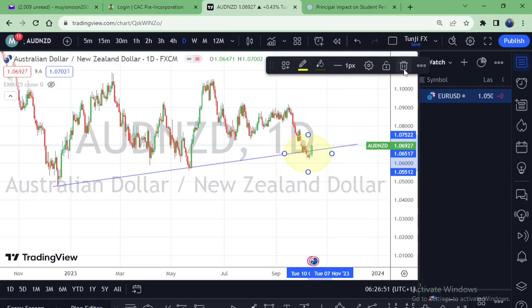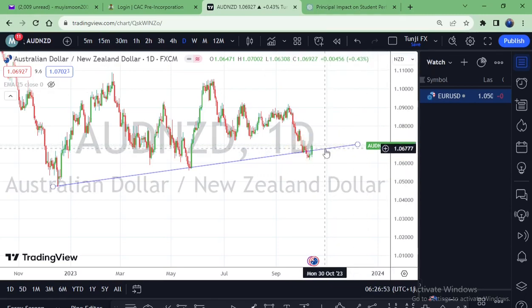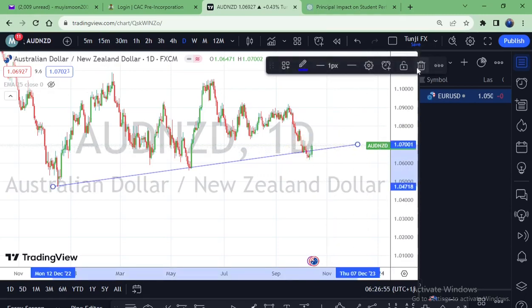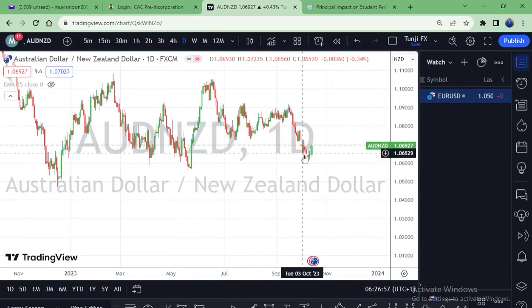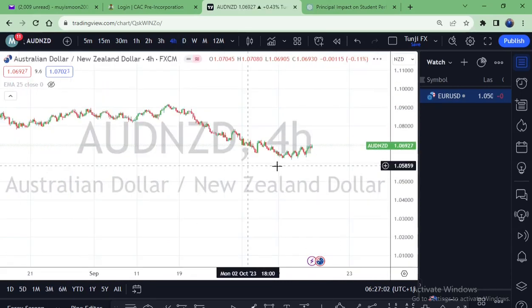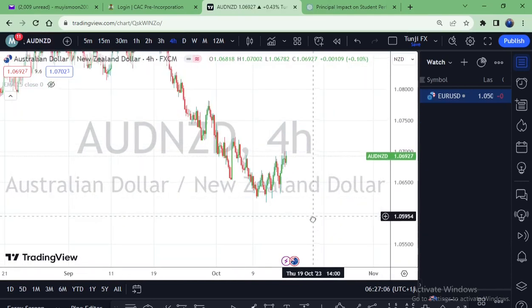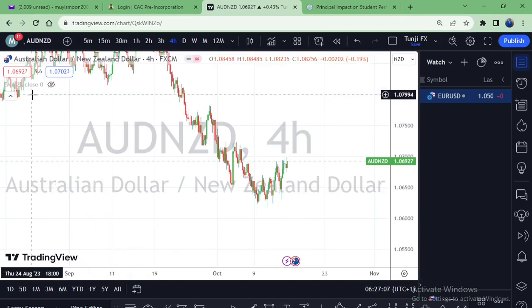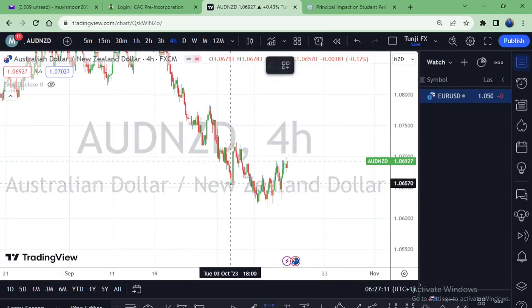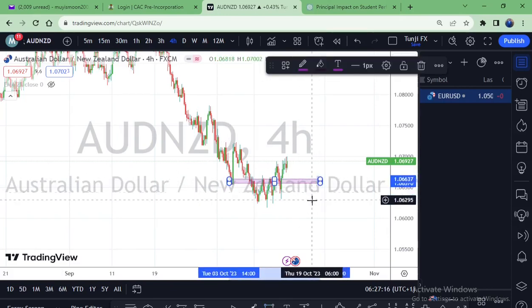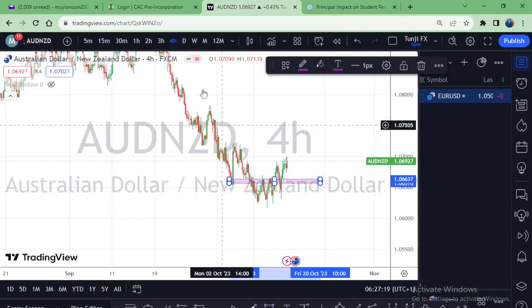So our plan was to take advantage of the break by going to our 4 hours. Yes, which we actually did. We are looking at this area for resistance, which actually happened. So we took our trade here.